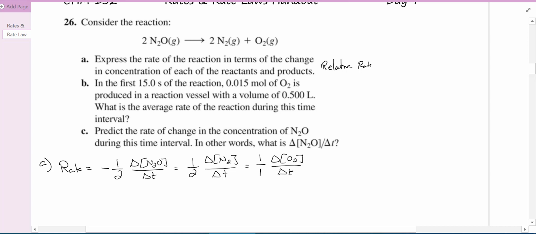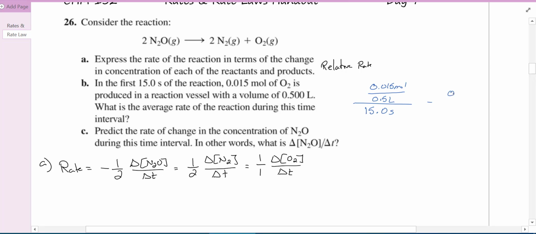So in B, I have 15 seconds, 15.0 seconds, 3 sig figs. 0.015 moles is produced in a reaction with the volume of 0.5 liters. So I have 0.015 moles all over 0.5 liters. What's the average rate of the reaction during this time? So I'm going to find my molarity. I got 0.015 divided by 0.5, and that gives me 0.03 molar.